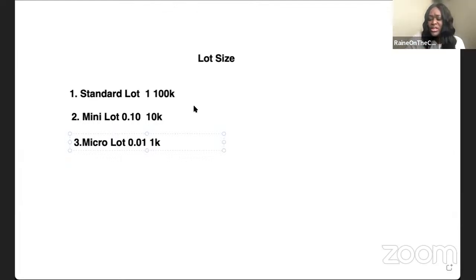So when you have the lot size of one, one pip is going to be equal to $10. One pip equals $10. So every time your account goes one pip in profit, that's another $10 that you're making when you have a standard lot.